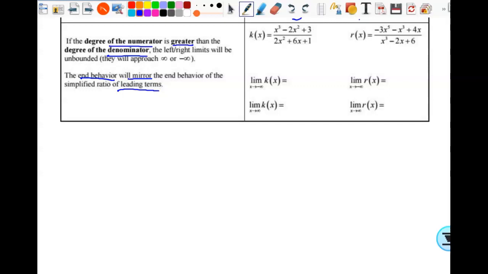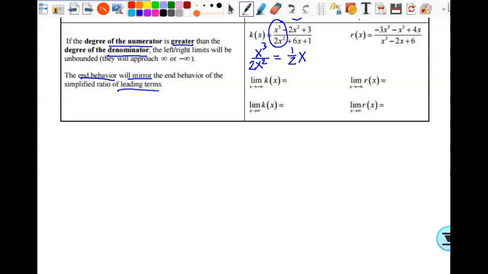But I don't need to do all of that. Instead, I just need to see what the end behavior is going to look like. So I can just take these first two terms, and I get x cubed over 2x squared. When I reduce that, that gives me 1/2 x, which is not necessarily my slant asymptote, but it is parallel to that line, at least. So that gives me the slope.